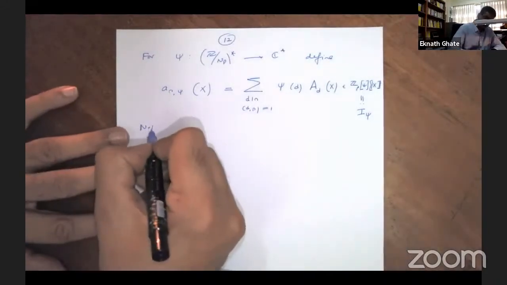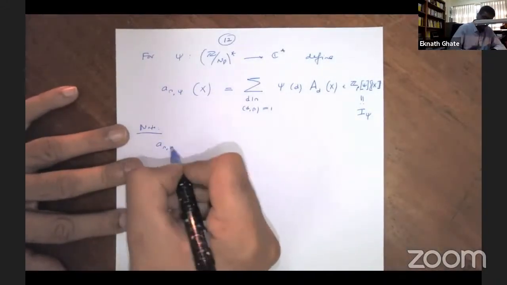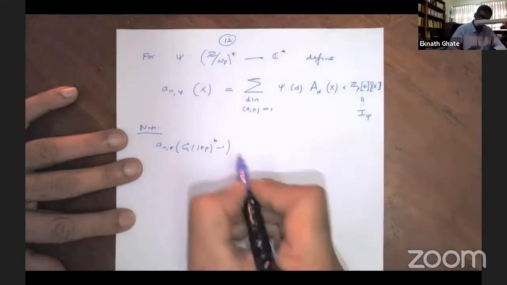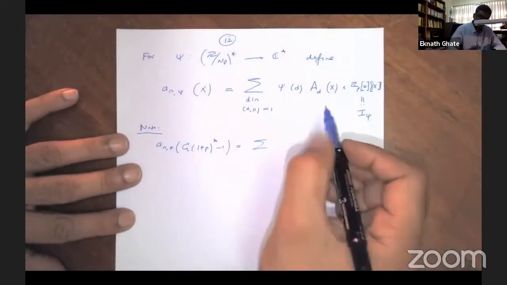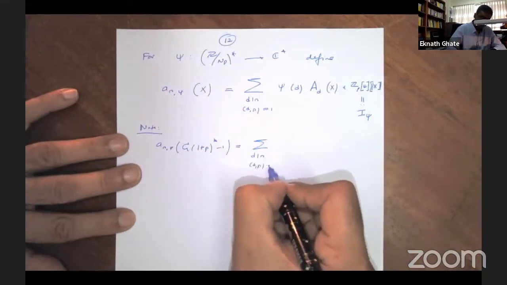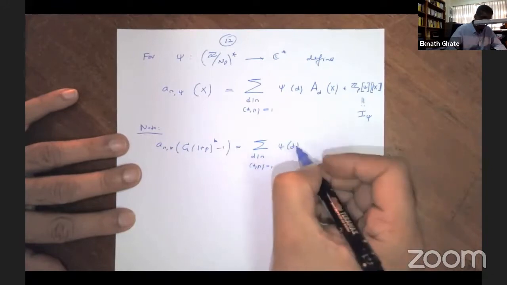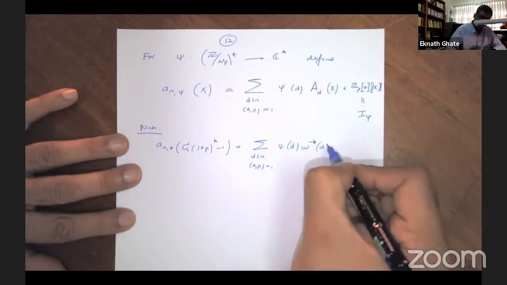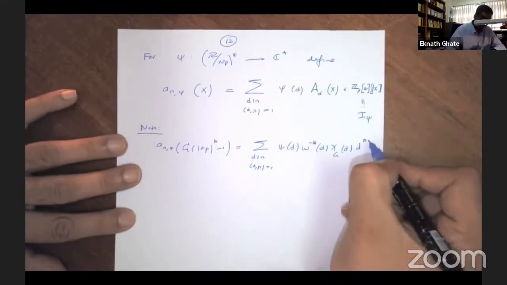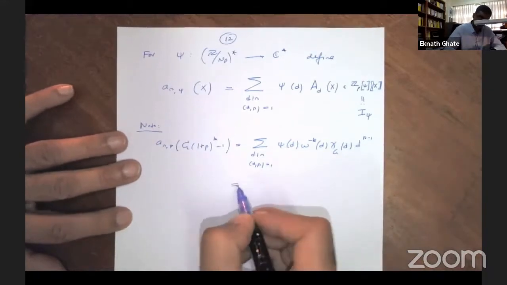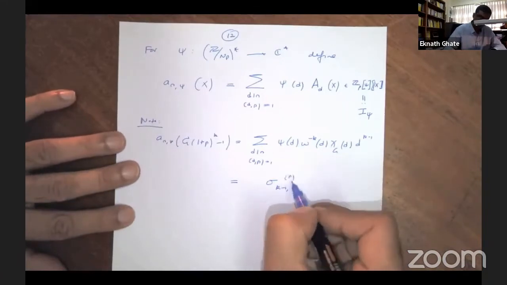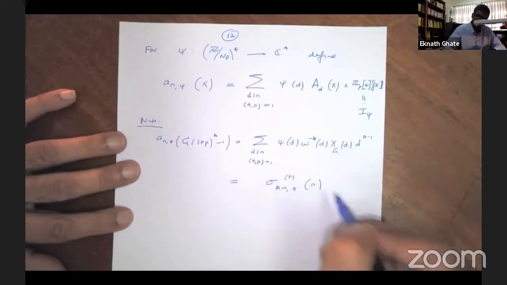So again, let us compute a little bit what happens when you specialize at zeta 1 plus p to the k minus 1. If you take x to be that, well, we already specialized this, so just copying from the previous page, you get omega minus k d, chi zeta of d, d to the k minus 1, which I hope you recall was exactly sigma k minus 1 chi, p deprived because d was co-prime to p, of n.